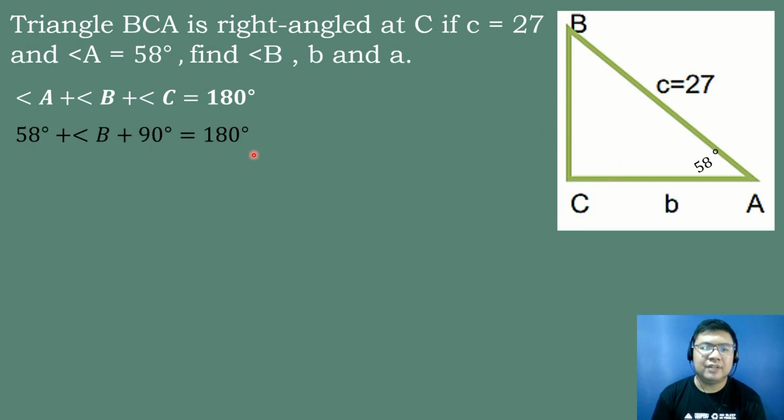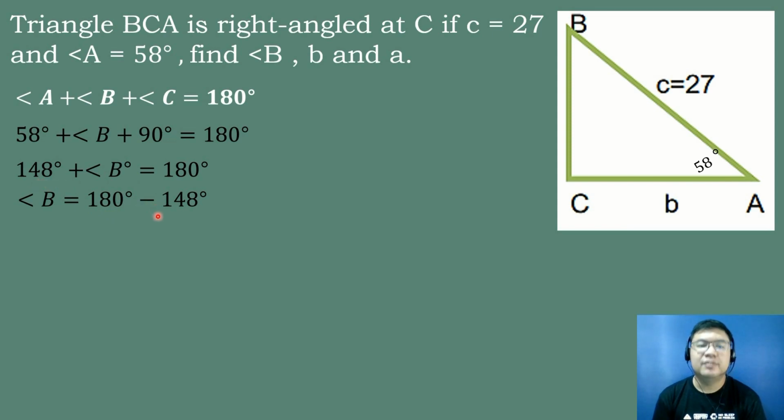Substituting, we have 58 degrees plus angle B plus 90 degrees is equal to 180 degrees. Then let's add this first. 58 degrees plus 90 degrees will be equal to 148 degrees. Bring down angle B equals bring down 180 degrees, transpose 148 degrees, positive, it will become negative. So we have 180 degrees minus 148 degrees will be equal to 32 degrees. So the measure of angle B is equal to 32 degrees.